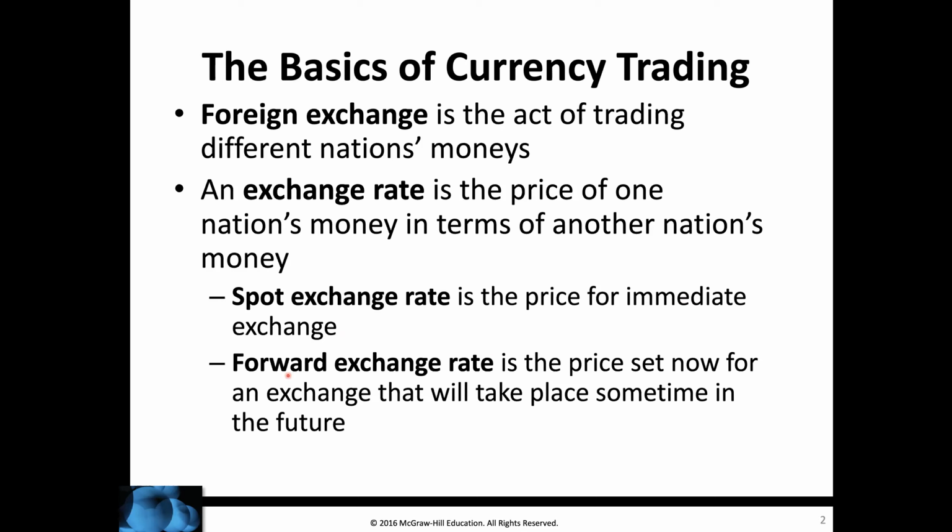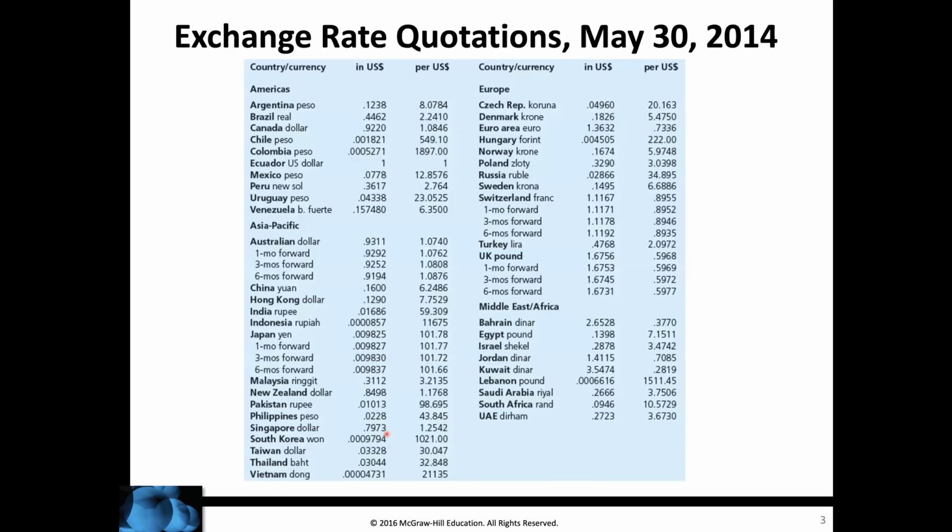We would call this a forward exchange rate, and it's the price set now for an exchange that will take place sometime in the future. So it's our best estimate, or the market's best estimate, of what the exchange rate will be at some pre-specified time in the future.